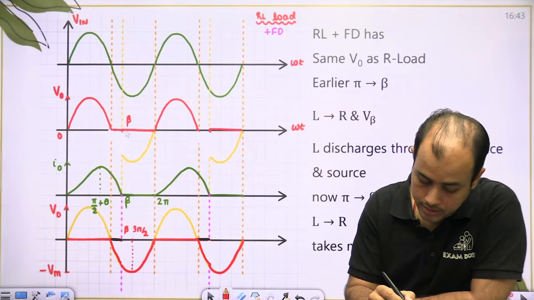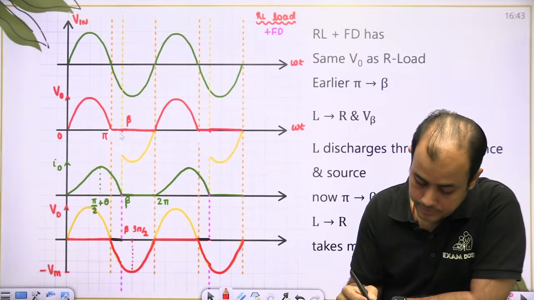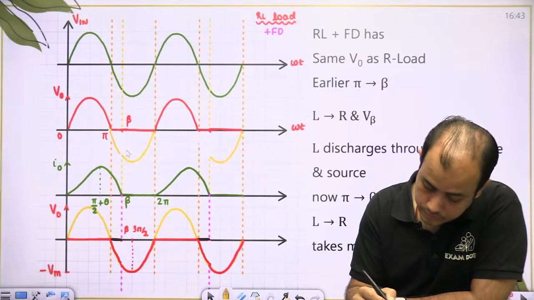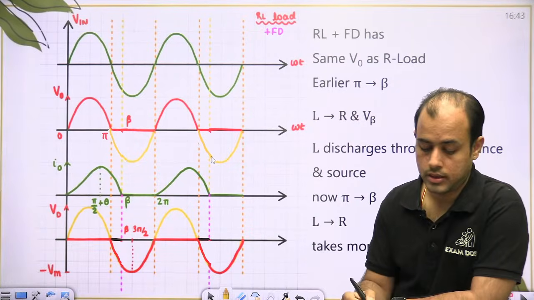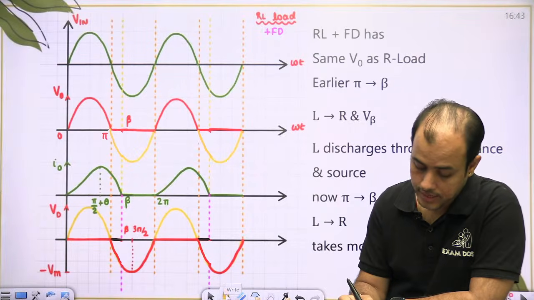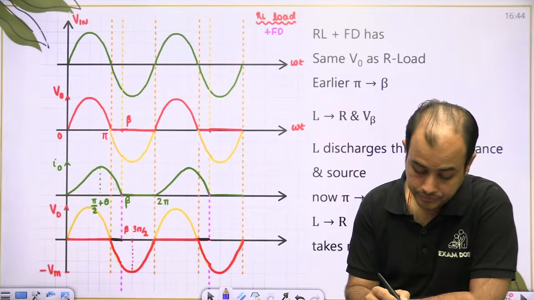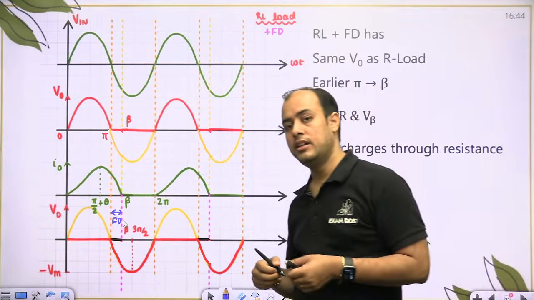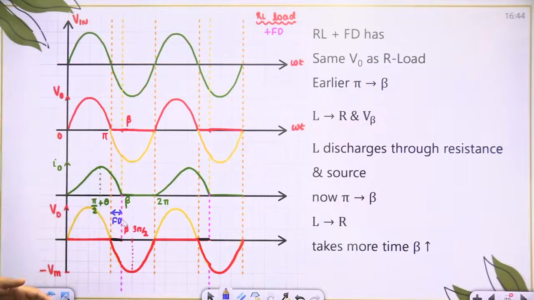And V naught will also be between 0 and pi. And current will be between 0 and beta. So during this time from pi to beta, the freewheeling diode will conduct. पाई से बीटा freewheeling diode conduct करेगा.